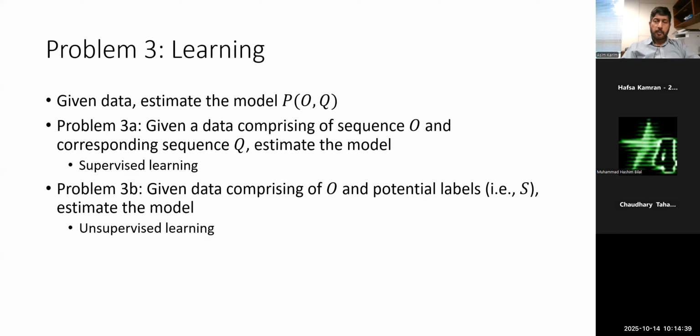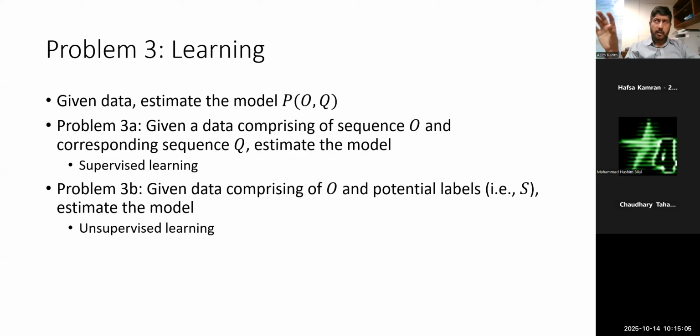And the third problem is problem 3, and this is sometimes divided into two sub-problems, 3A and 3B. This is the learning problem. Now we are given data, meaning that you have a large amount of data where you have O, a running text.